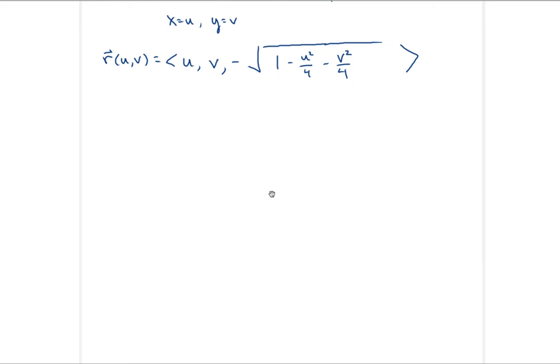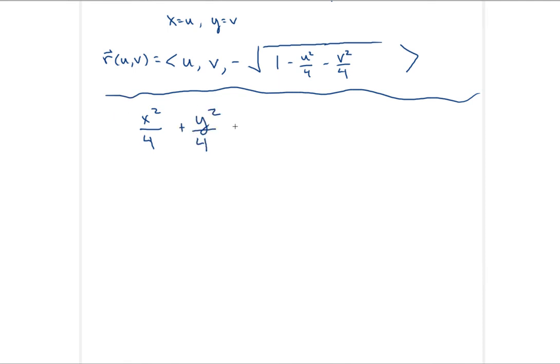Okay. So the question then becomes, if I take this formula that I have, I'll put a dividing line here, could I use something like polar coordinates to help me parameterize this? So in other words, here's what I want to shoot for.